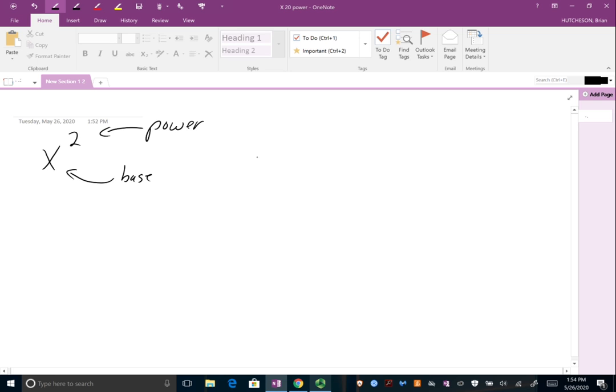What it means is we're going to take the base and multiply it by itself the number of times of the power. So if we had x to the fourth, that would be x times itself 4 times.